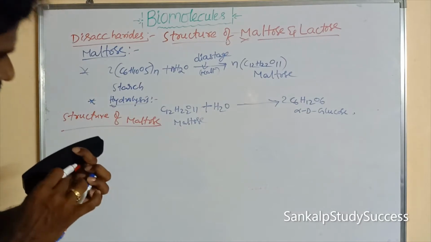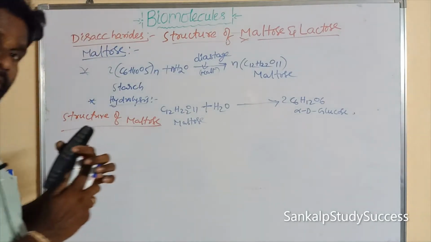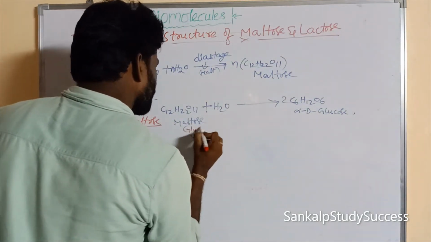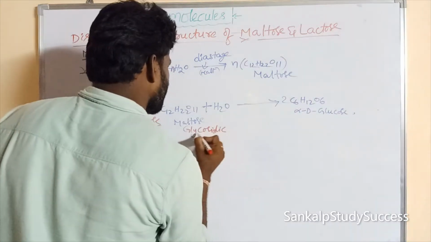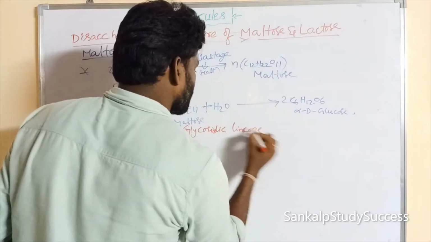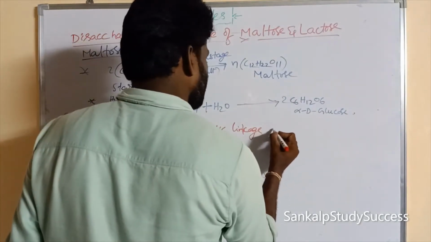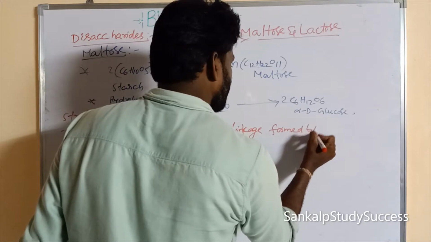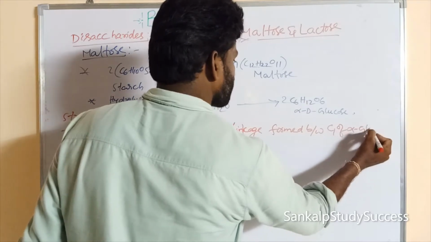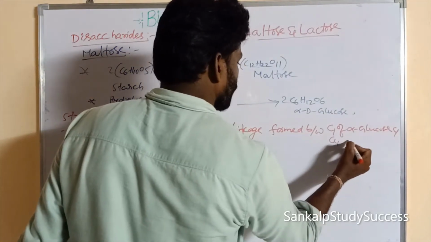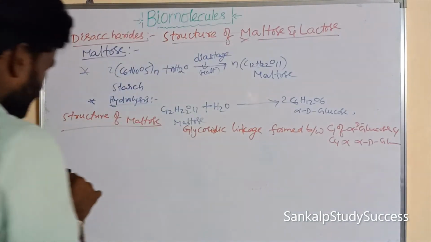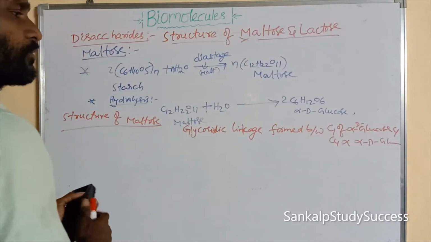Here in maltose, the glycosidic linkage is formed between C1 of alpha D glucose and C4 of another alpha D glucose. Both are alpha D glucose units.